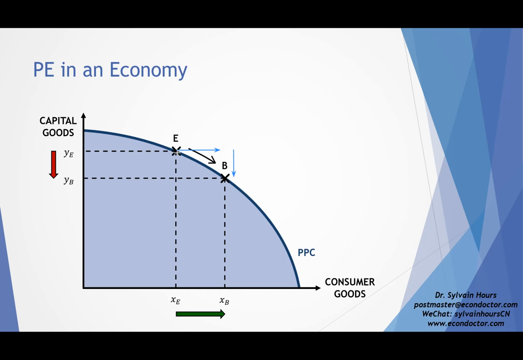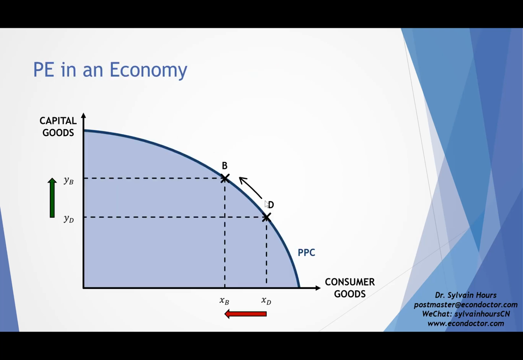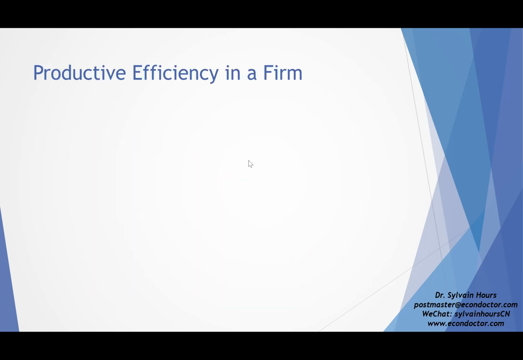You cannot produce more of one good without producing less of another. So you can move from E to B, you produce more consumer goods, but of course, you have to give up something. You have to give up capital goods. You can do the same thing from D to B, of course. All right, so that's the definition of productive efficiency in the economy.